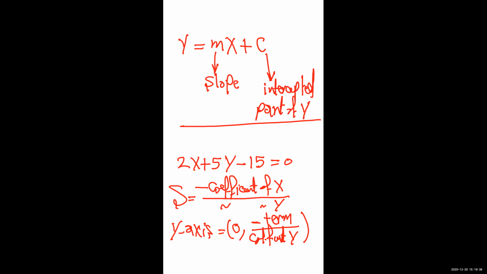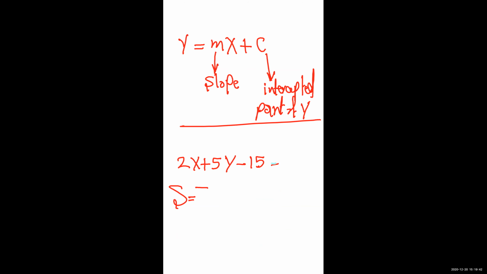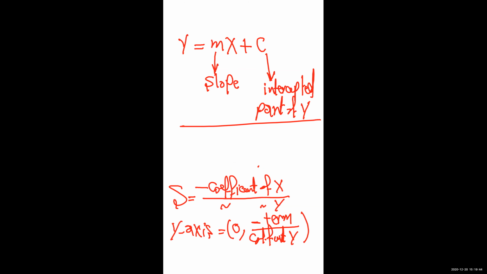So in general form, guys, without numbers, if the equation is in this form, ax plus by plus c equals 0, the slope will equal negative a over b, negative coefficient of x over coefficient of y.